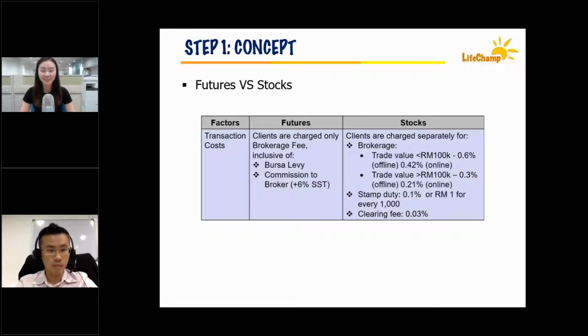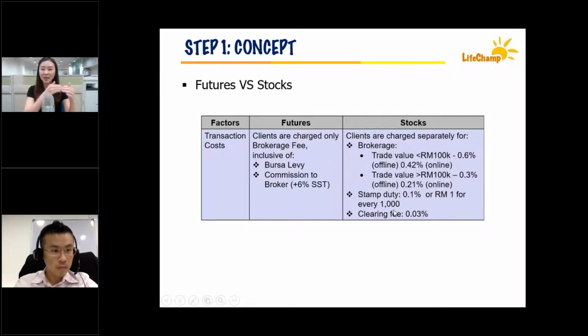For stocks, I'm not saying the stock is not good, I'm just telling you the structure of stock trading, the brokerage structure. For stock trading, brokerage has different values. Let's say, for example, less than 100K would be 0.6%, more than 100K would be 0.3%, then stamp duty 0.1%, and Bursa clearing fee 0.03%.